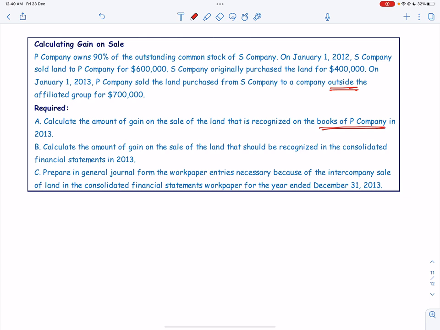Now in the books of P company, they have recorded the purchase for 600,000, and now they are selling outside for 700,000. So the gain is 7 minus 6, that is 100,000.